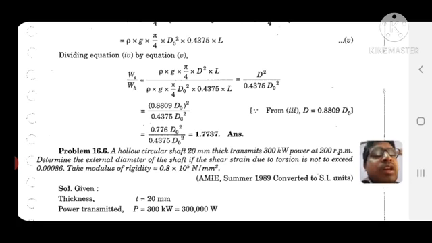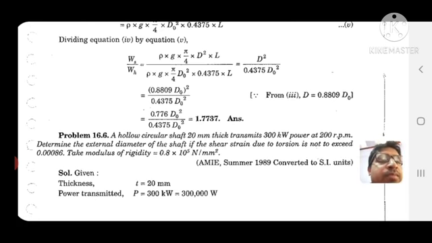Dividing equations 4 and 5, Ws by Wh is equal to rho into g pi by 4 d square L divided by rho into g pi by 4 d0 square into 0.4375 into L. So d square equal to 0.4375 d0 square.